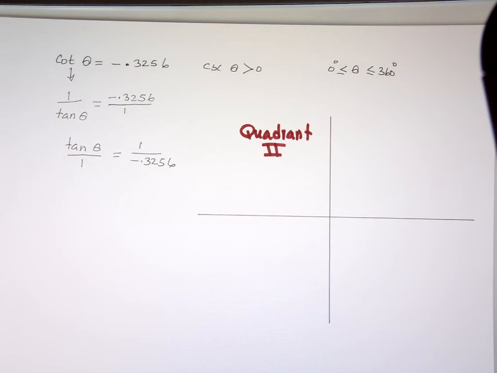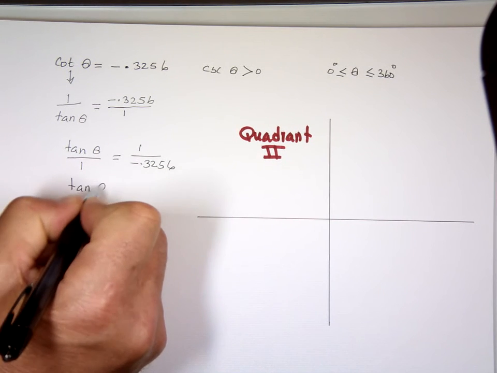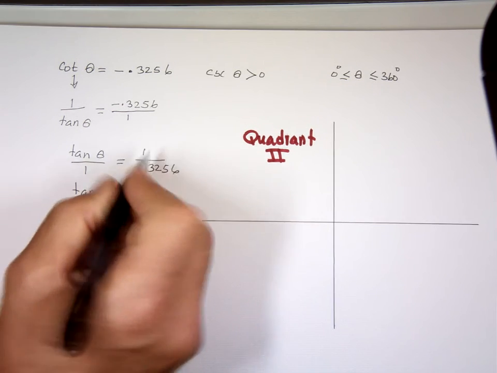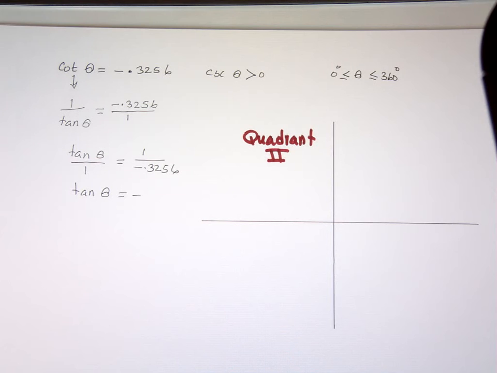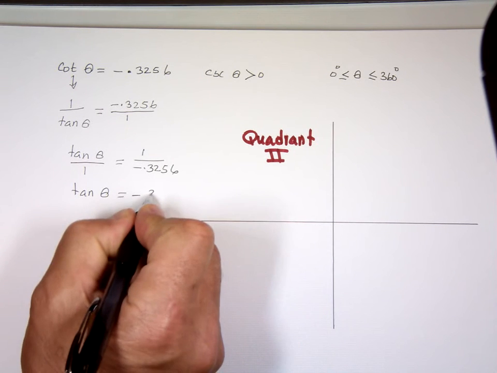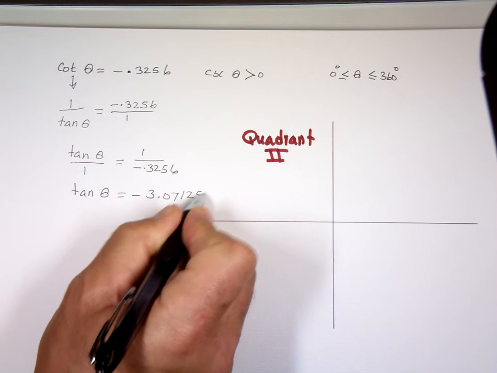Tangent theta divided by 1 is tangent theta. What is a positive divided by a negative? A negative. Let's see what that number is: 1 divided by 0.3256 is 3.071253. That's plenty of digits.